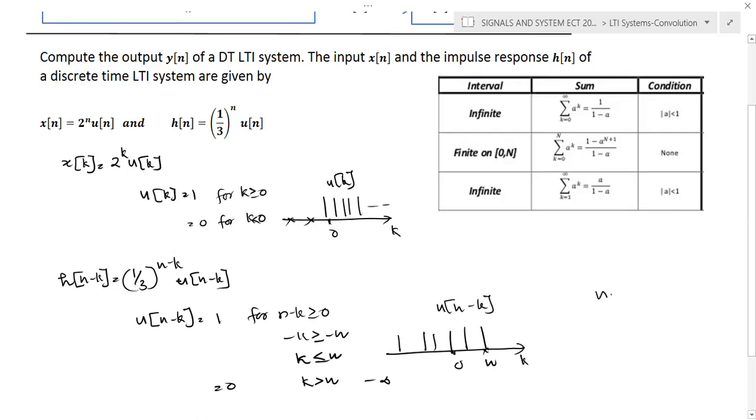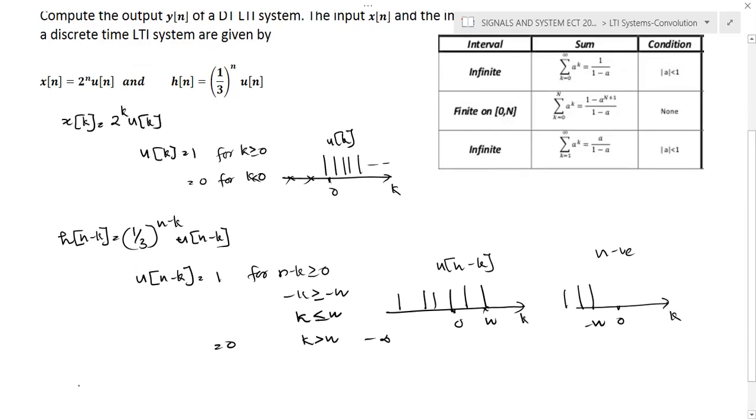And if n is negative, you need to mark n on the other side. Now we can substitute in the final equation: y of n is equal to sigma, with k starting from 0 onwards, because the first signal starts from 0 and the second signal exists only up to n. So we can limit the summation from 0 to n.